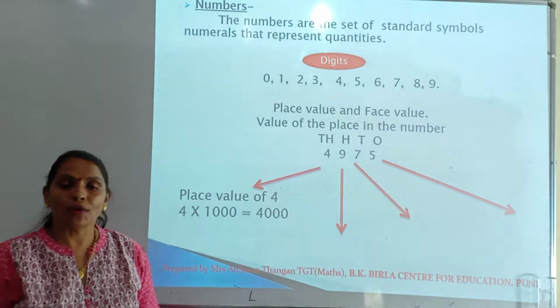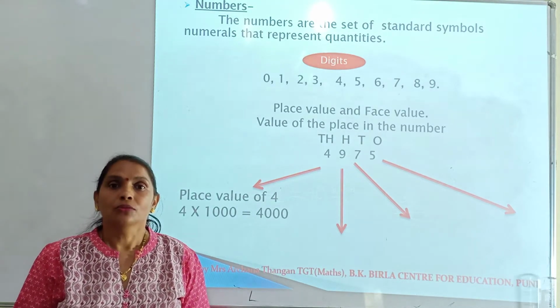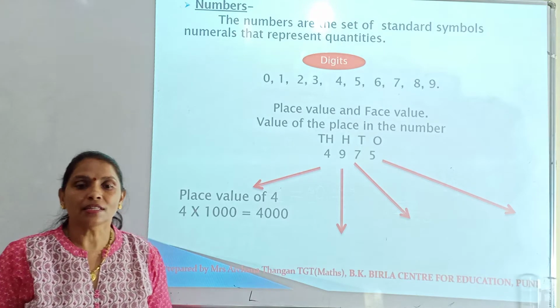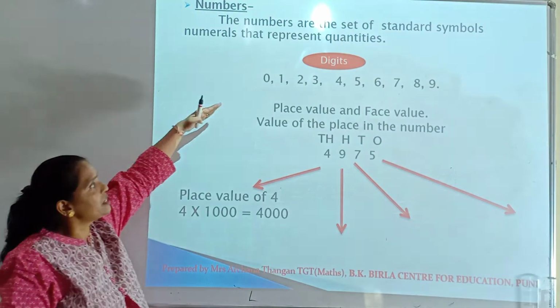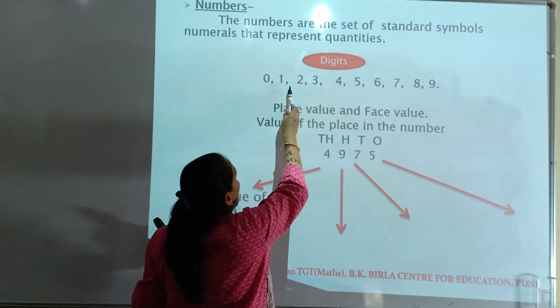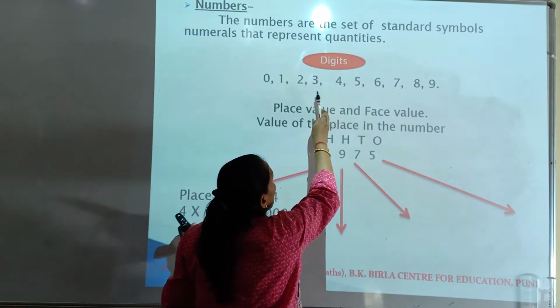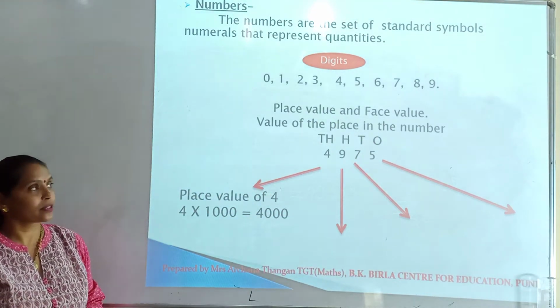So numbers, where are we using numbers? By counting things or doing calculations, we require these numbers. After that there are digits. You know the digits: 0, 1, 2, 3, 4 up to 9. Using these digits we can form numbers.